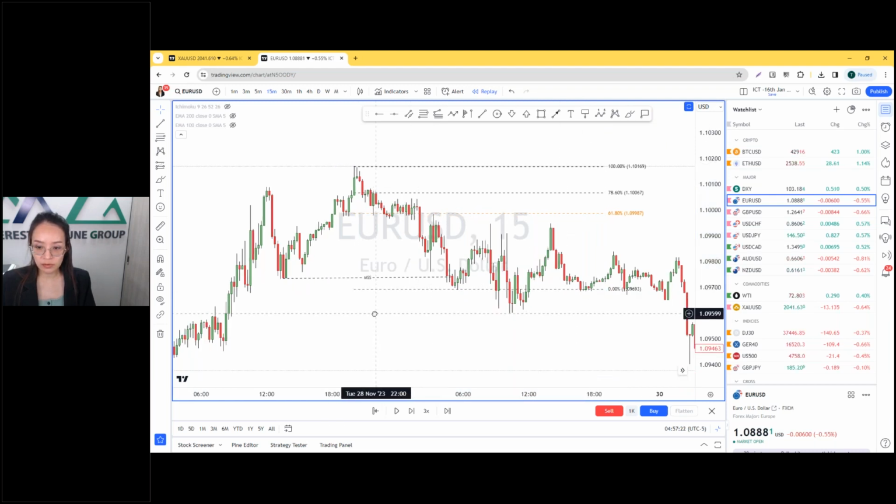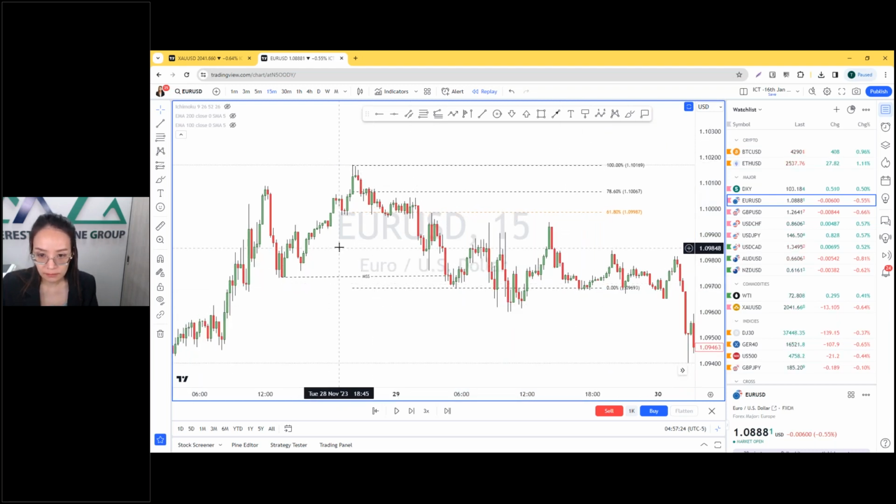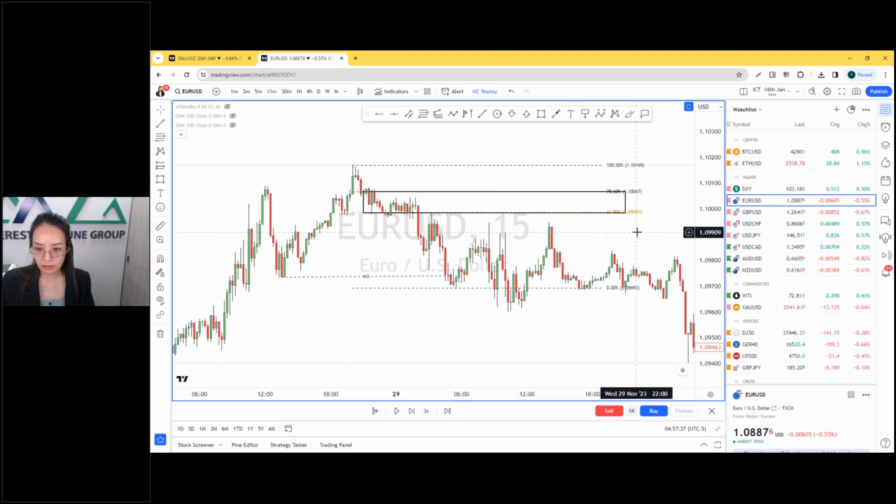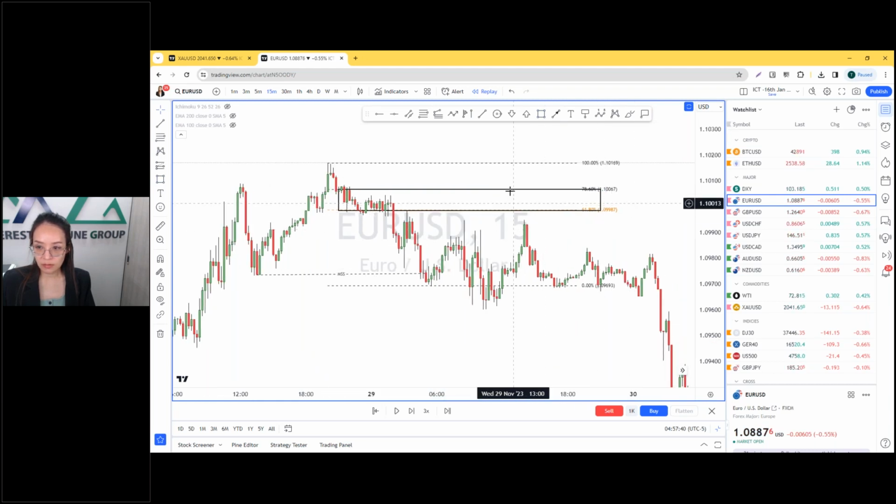Basically, if you mark this, let me try to mark it. I cannot find the example, but I think I do have a goal. This one is where the OTE is here, right?